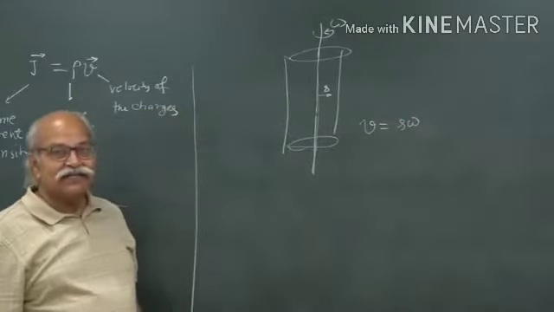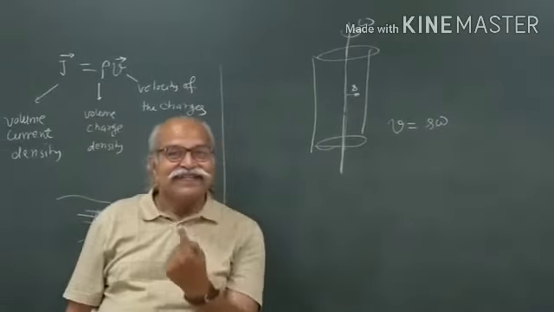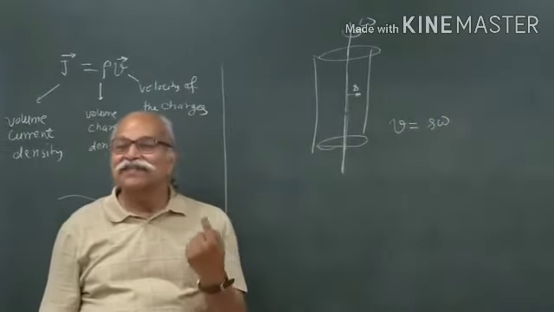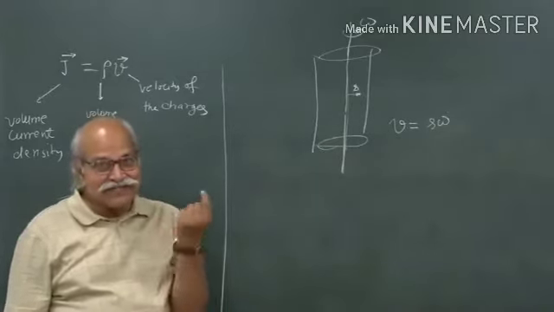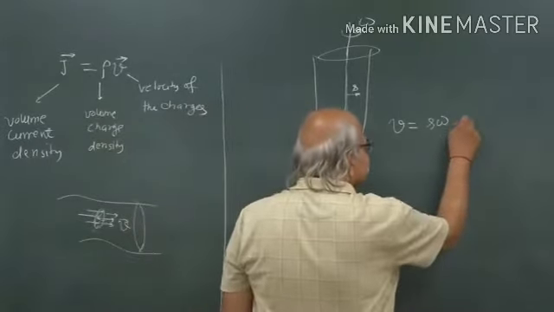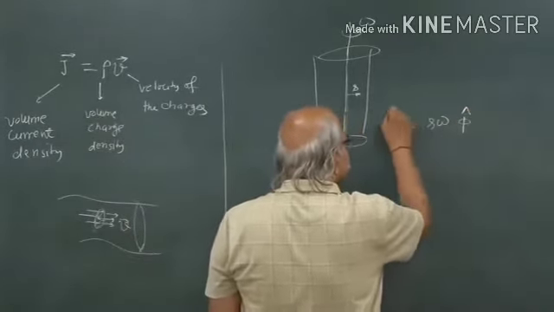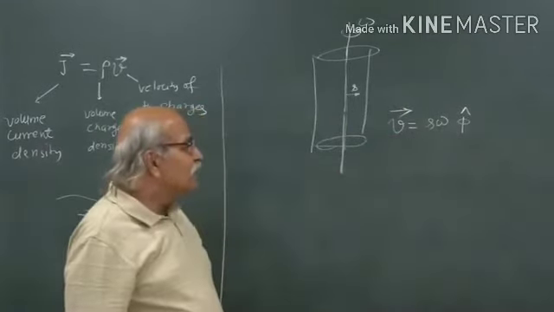And what will be the direction of this motion? It will be tangential to the circle in which that particular point is moving. We call it the phi direction, phi cap direction. So, velocity will be s omega phi cap.